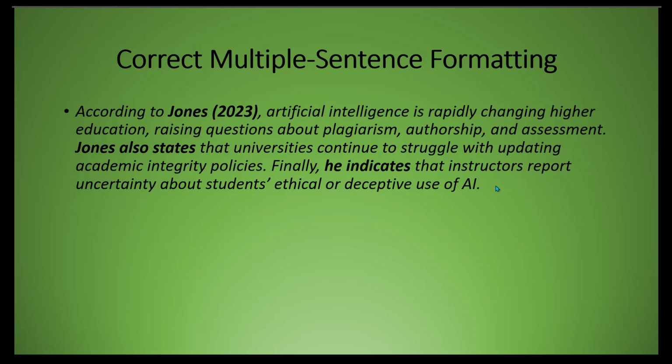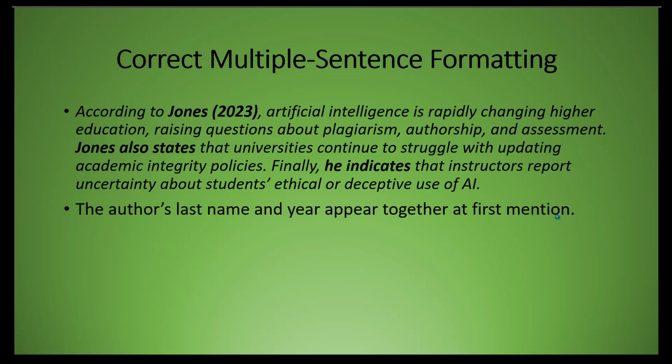Here we have use of reference words. So the citation appears the first time at the first mention. Again, this is the author's family name, last name, and the year in the integral citation. This is the first sentence where you're using Jones's ideas, okay?